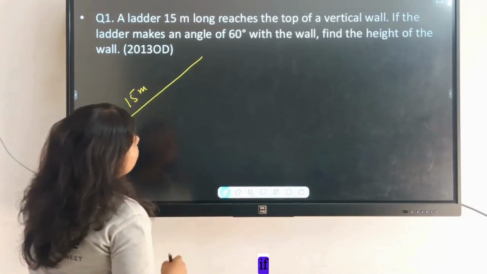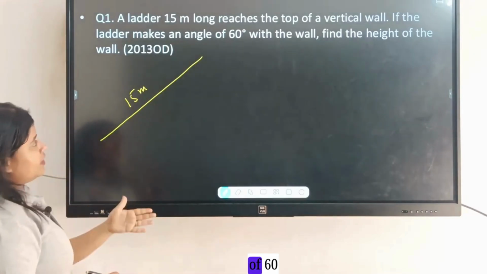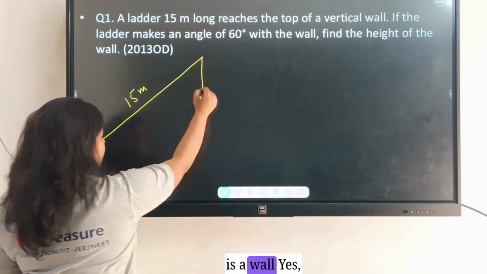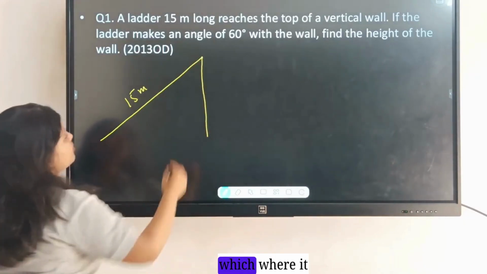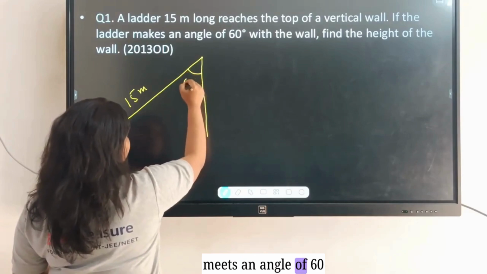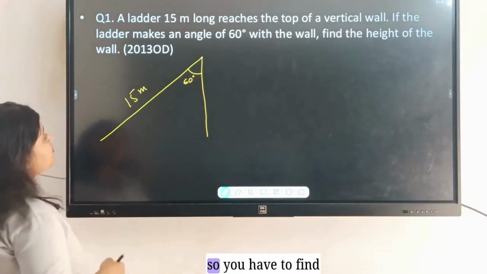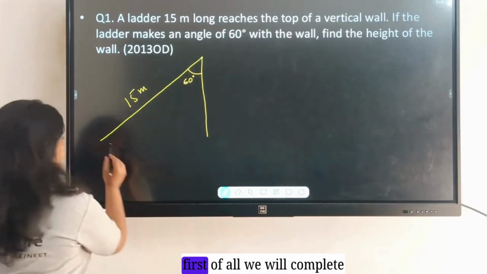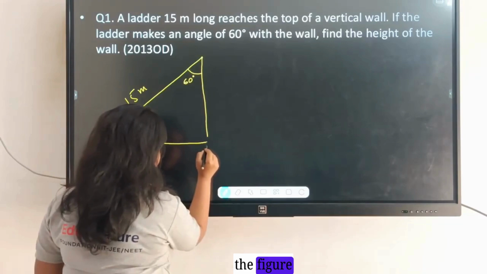If the ladder makes an angle of 60 degree with the wall, so here there is a wall, where it makes an angle of 60 degree. So you have to find the height of the wall. So first of all we will complete the figure.